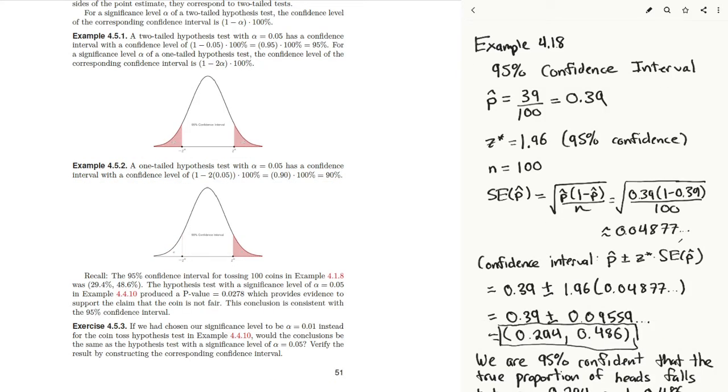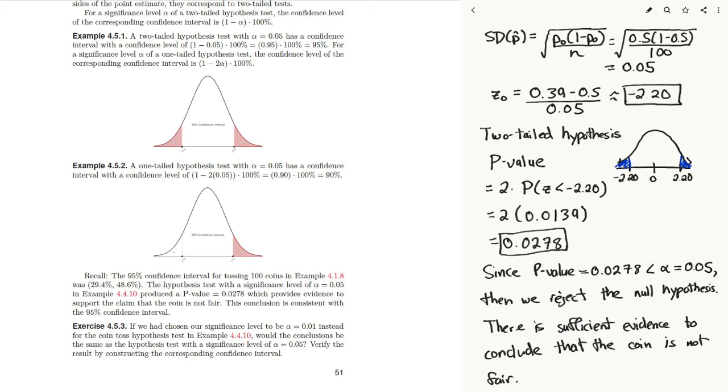Now recall from section 4.1, we calculated a 95% confidence interval for tossing 100 coins, which observed 39 heads, and the confidence interval for the proportion of heads was between 29.4% and 48.6%. Because 50% did not fall within our interval, we concluded that our coin is not fair.